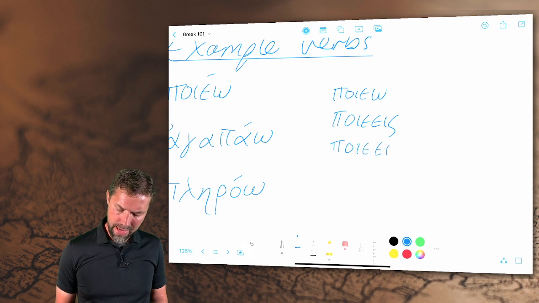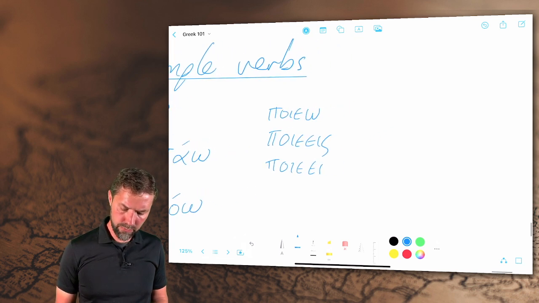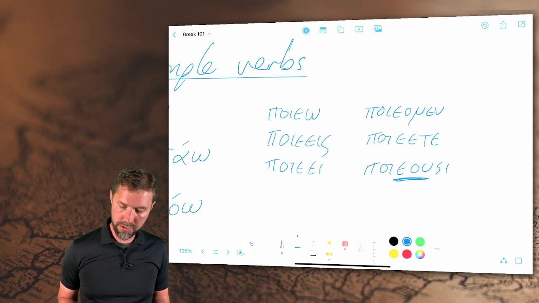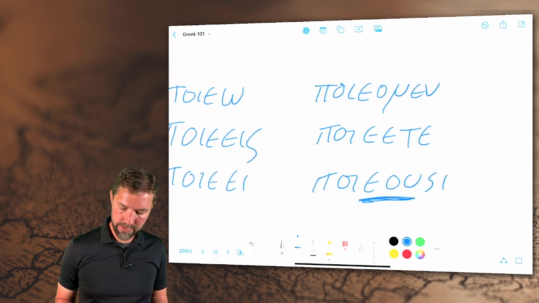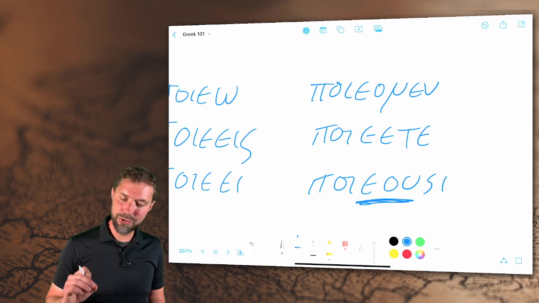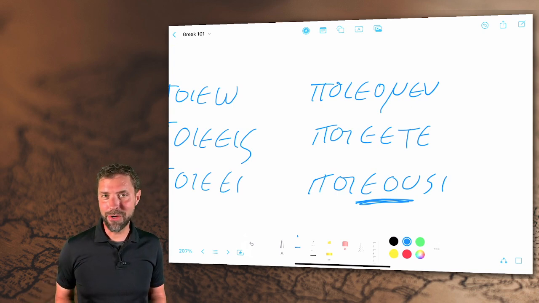Even the other ones might not be as obviously a conflict, but omen, and down here I'll have two epsilons, won't I? Ete, and last, ousi. I just end up with a rather large cluster of vowels stuck here in the middle. That's the issue that we're trying to handle under contract verbs.